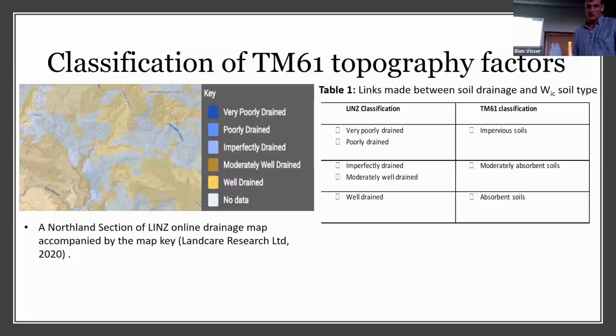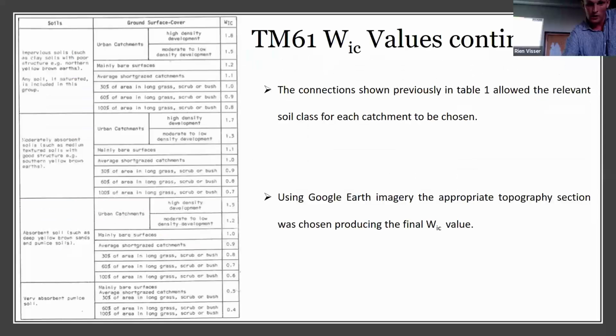As the key shows, there were 5 soil drainage classifications, and I paired these with their corresponding Team 61 soil classifications, which is shown on the left of that slide.